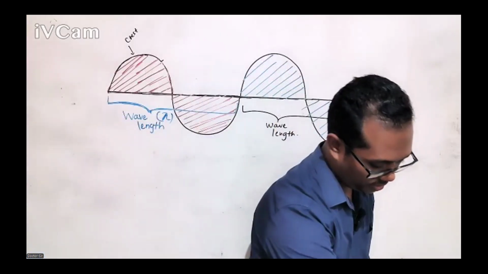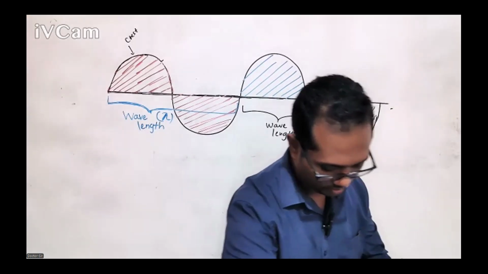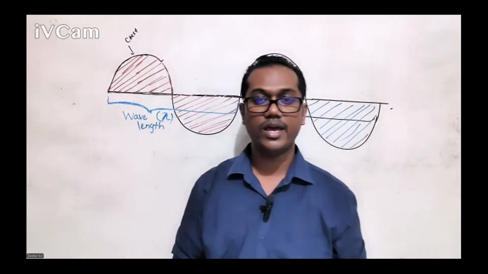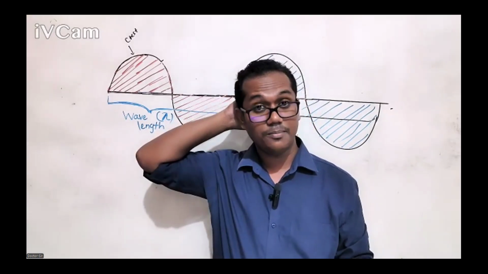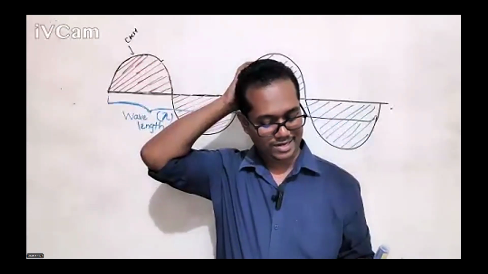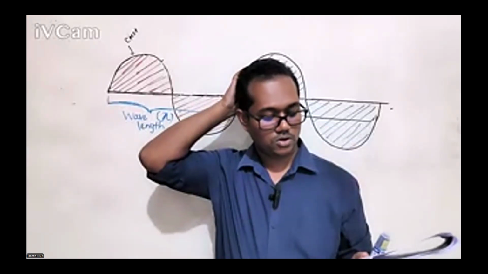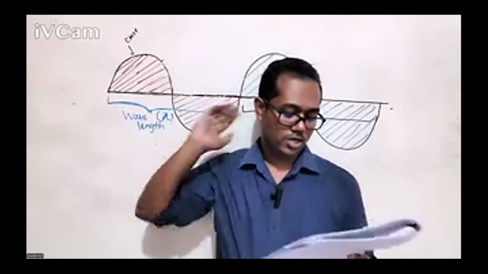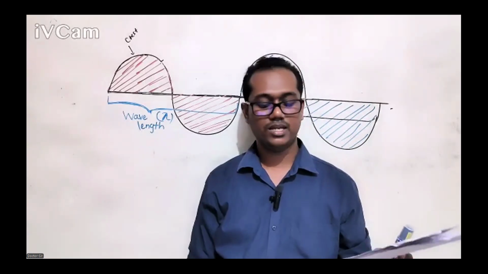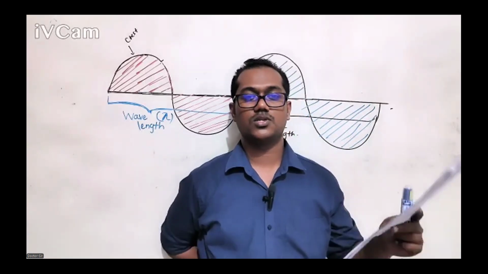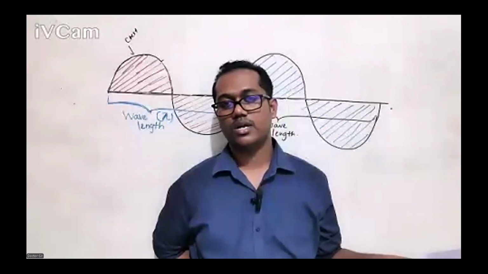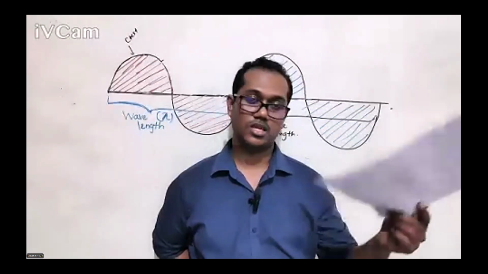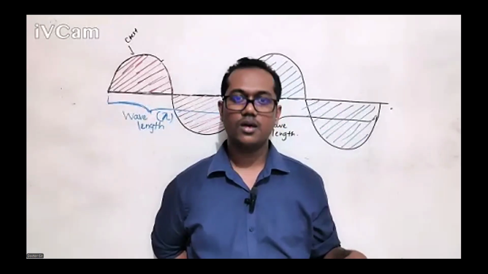Then, a medium is not necessary to propagate a mechanical wave. That's wrong. A mechanical wave must need a medium to propagate, right? Then we will go to answer 4. Energy is transmitted by the mechanical wave without transmission of the substance. Yes, that's correct. Without transmission of substances, the mechanical wave propagates.